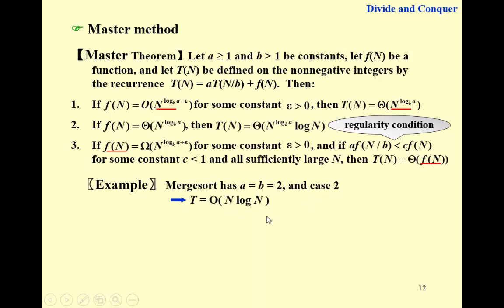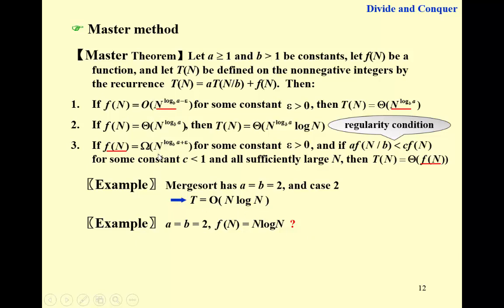That's case 2. Well, although it's called master theorem, still it doesn't mean that it can cover all the cases. For another example, if a equals b equals 2, this term is just n to the power 1, right? But what if f of n is n log n? It doesn't fit into any of the conditions, right?